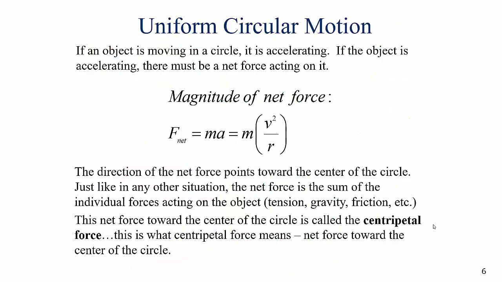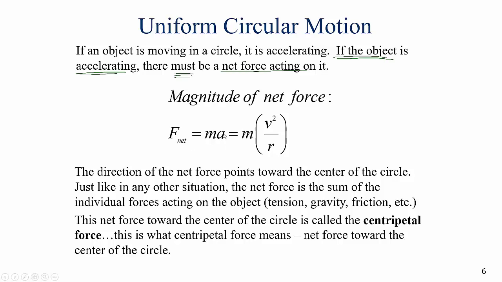And so if something is moving in a circle, the direction of its velocity is changing. If the direction of the velocity is changing, it is accelerating. Newton's second law told us if the object is accelerating, there must be a net force. There must be an unbalanced force acting on the object. Newton's second law tells us that the net force equals the mass times the acceleration.